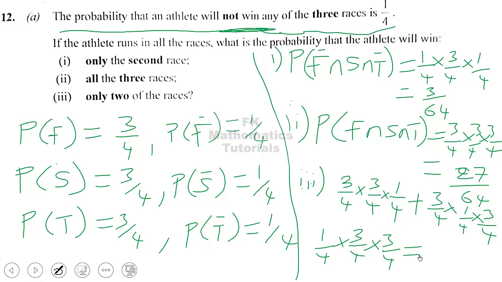The first one will give us 9, 3 times 3 is 9. Then we have 3 times 3, another 9. Another 3 times 3, we have 9. So that will give us 9 plus 9 plus 9, all over 64. So that will be 27 over 64.